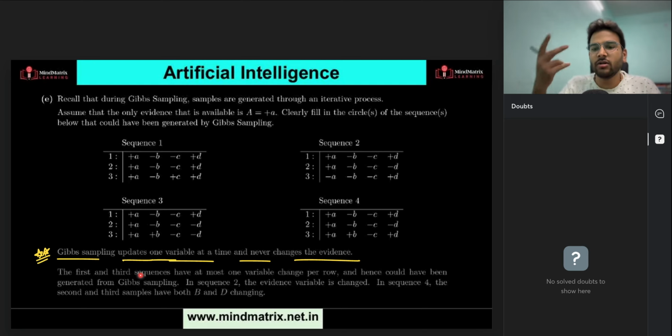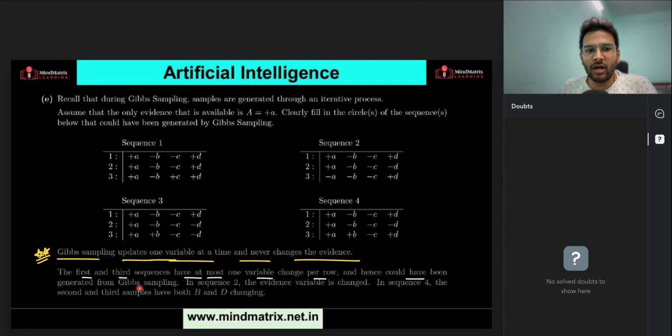So you cannot change two variables. That is not possible. And carefully see this, as it is mentioned over here. The first and third sequences have at most one variable change per row. That is allowed, at most, either 0 or 1.